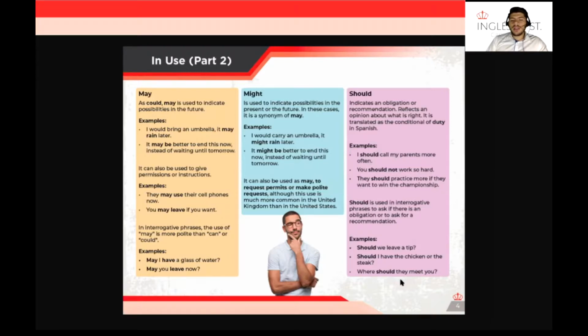Considering that you were, for example, in an airport, Gonzalo, what question would you ask someone who has information at an airport using should?